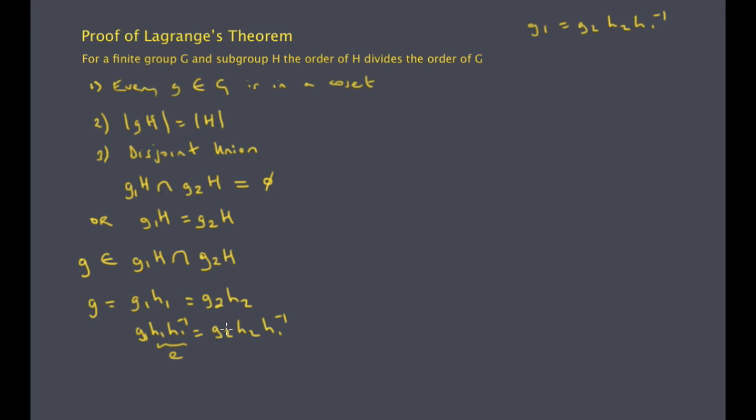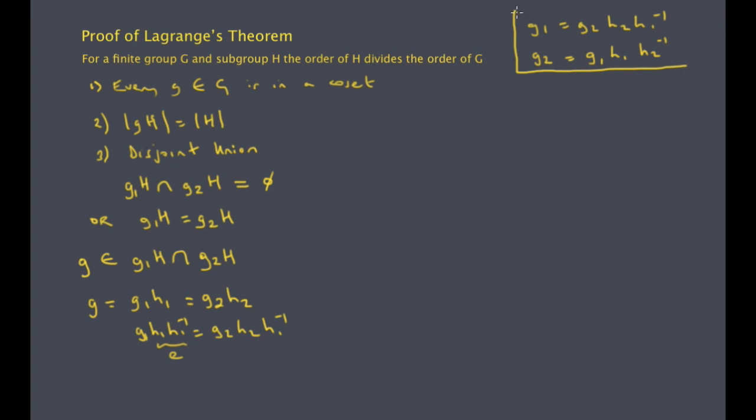Now moving back here, we can do exactly the same for g2. So this time we'll multiply on the right by h2 inverse. So g2 h2 h2 inverse is just g2, and then we multiply on the right here by h2 inverse. So this will give us g2 equals g1 h1 h2 inverse. I'll just put that in the box.